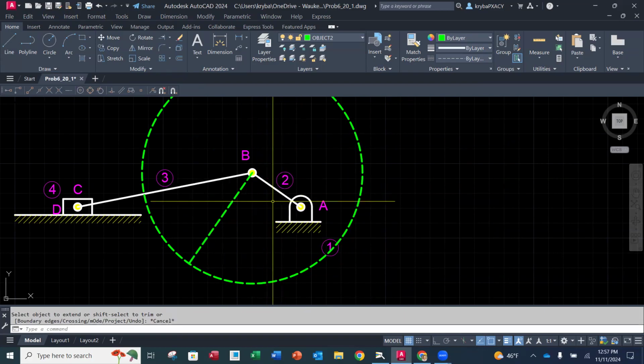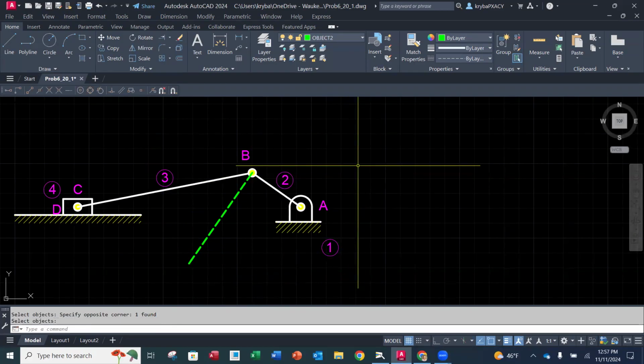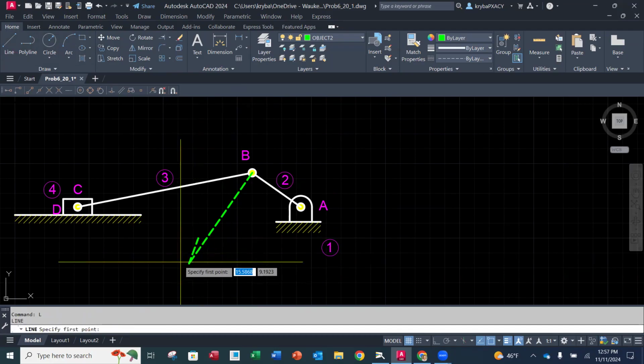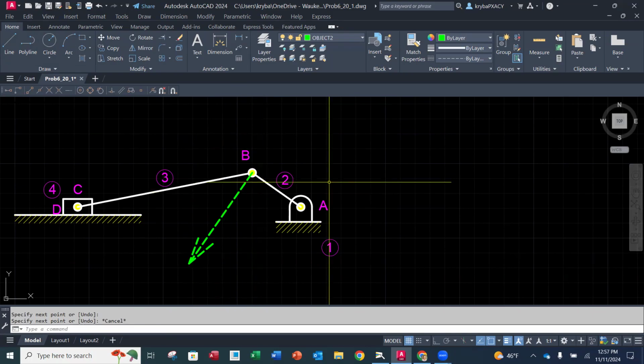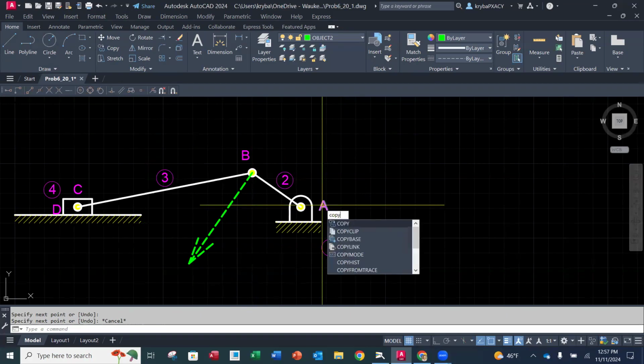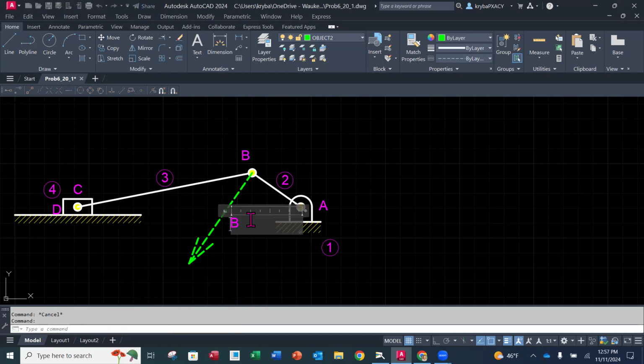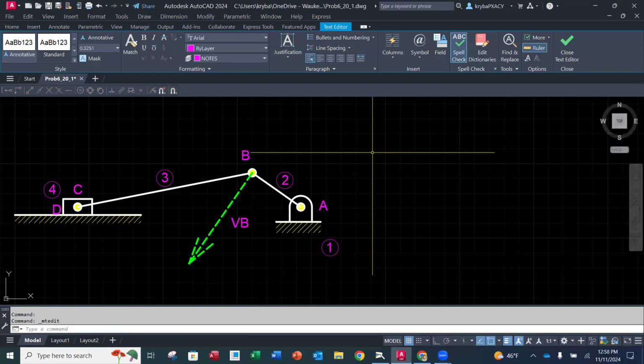So the radius of this circle, I did 3.7176, and then I extended that line of action that's perpendicular to link number 2 to that radius. Now I can get rid of that circle. I only needed that for construction purposes. And then I'm going to put my arrowheads down and to the left, because this is rotating in a counterclockwise direction. And then I'm going to label that velocity of B. I'm just going to call it VB.